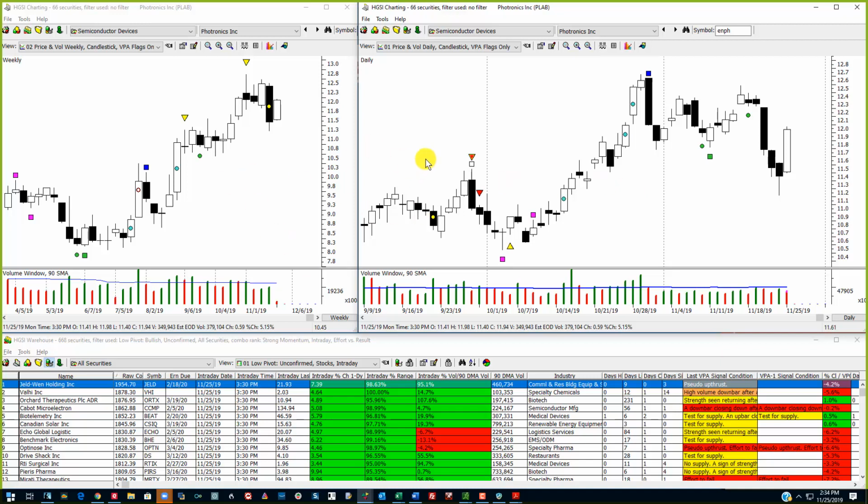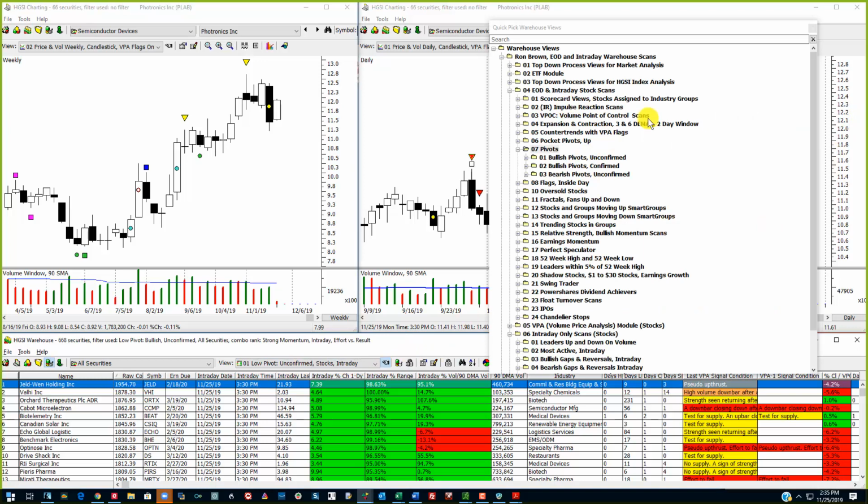What I'm trying to do is to hold on to positions longer, and I get a totally different perspective when looking at the weekly and the daily charts. Yes, you can use the intraday charts to get in, but if you start looking at the intraday charts to get in and out, you're going to be in and out all the time. But whatever you like to do, and however you're making money, I guess that's what it all comes down to.